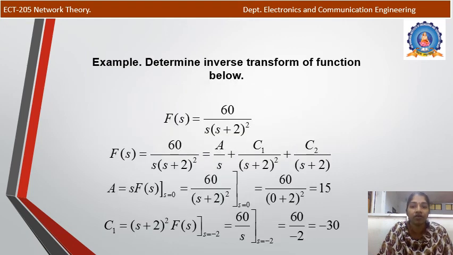Okay, here a question: F(s) equal to 60 by s into (s plus 2) all square. So here it's a multiple root, so (s plus 2) all square. In that case we will take this as a by s plus c1 by (s plus 2) square plus c2 by (s plus 2). Okay, this method is the partial fraction, and next you have to find a, c1 and c2.